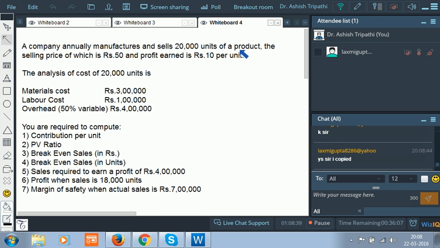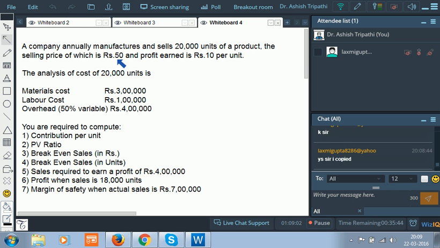Okay, so what did we understand? We understood how much the company manufactures: 20,000 units, manufactures and sells. So units produced and sold is 20,000. The selling price of which is rupees 50. Okay, so 50 rupees selling price.